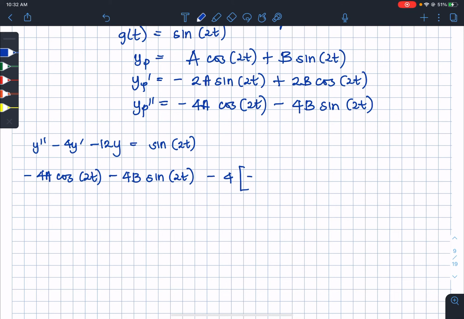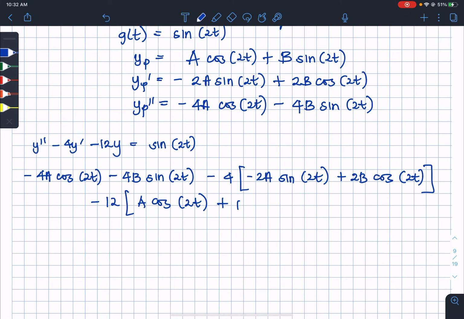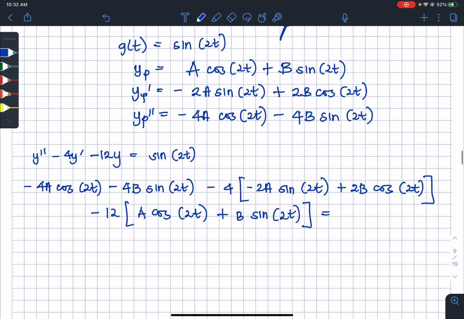That is negative 2a sine 2t plus 2b cosine 2t. And lastly, minus 12 times y, which is a cosine 2t plus b sine 2t, is equal to sine 2t.